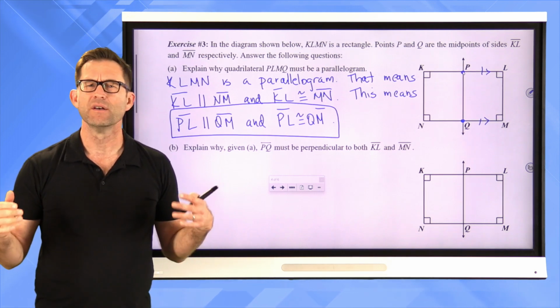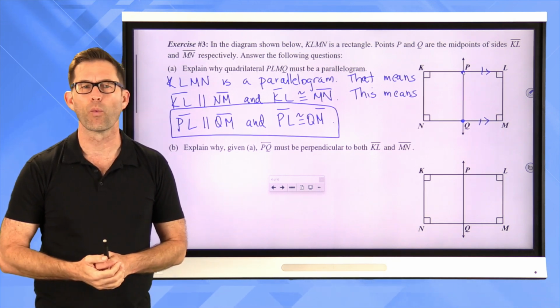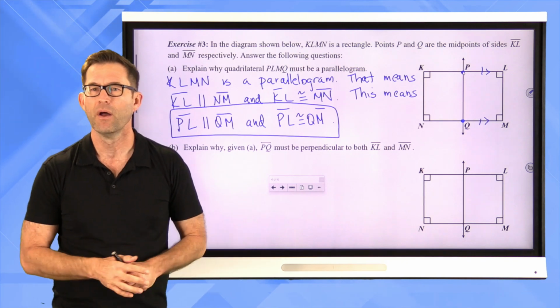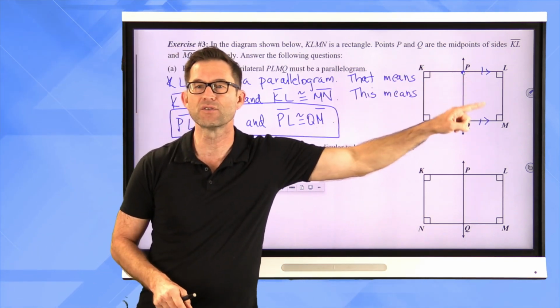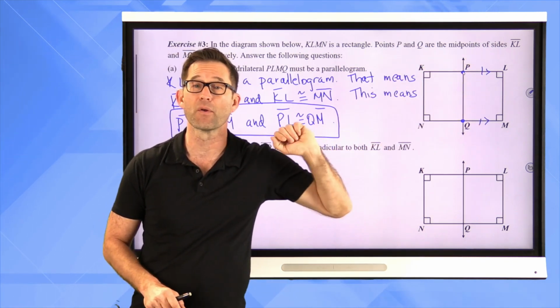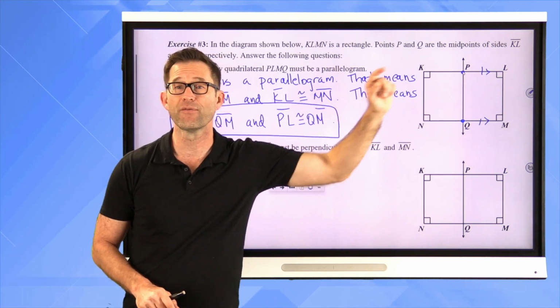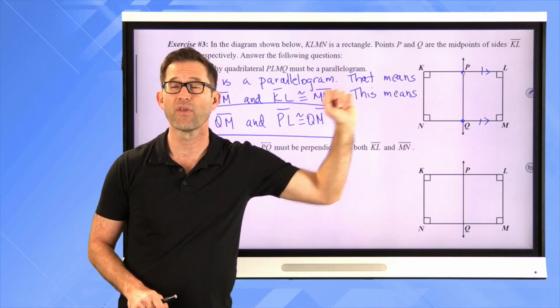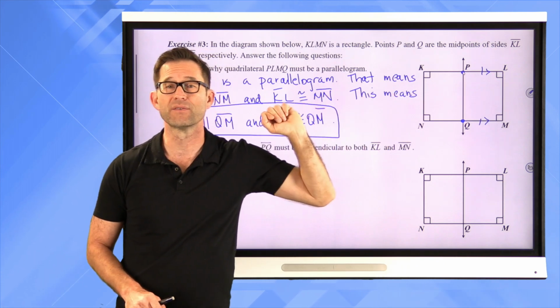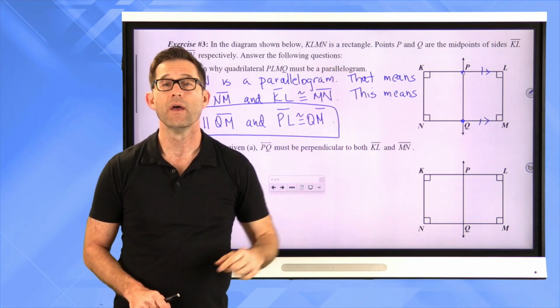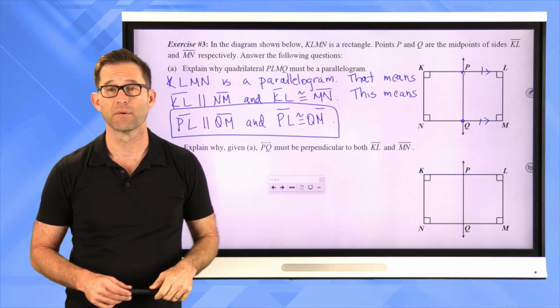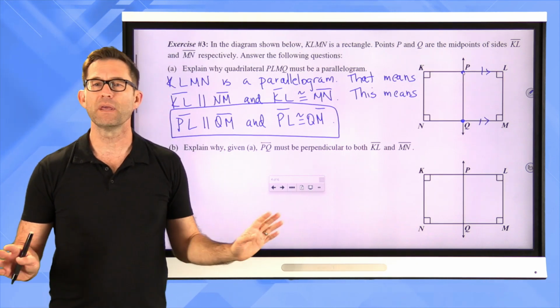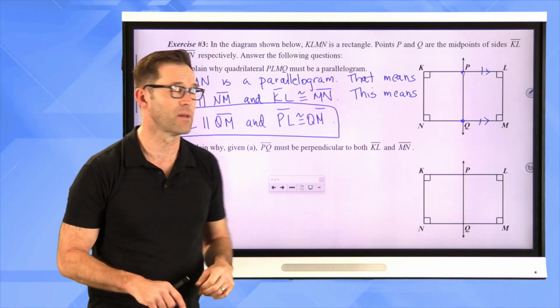I think that was sufficient condition number 2 for what makes something a parallelogram. So I know that these two sides, PL and QM, are the same length because they're half of two sides that are the same length. And I know that they must be parallel to each other because they are parts of two segments that are parallel. All right, so PLMQ is a parallelogram.